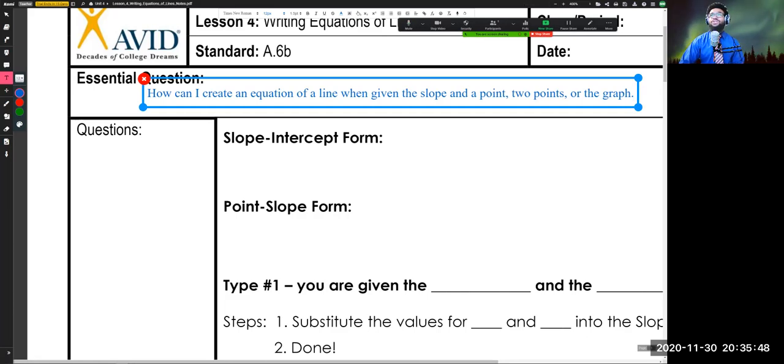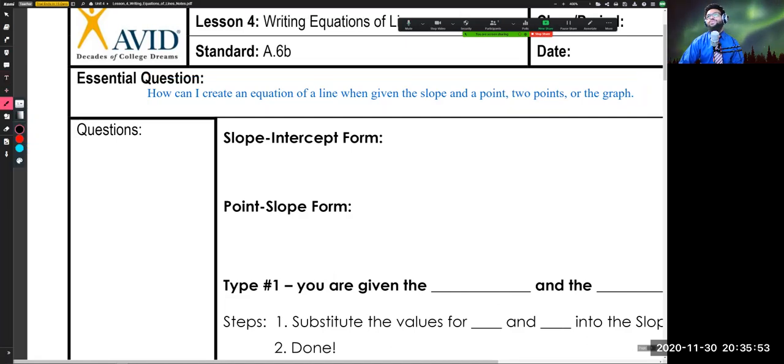First, let's recall slope-intercept form. By now, you all should know this. If you don't, you gotta come talk to me or something like that. Slope-intercept is the basis for all we're doing in this lesson today, and for the most part, this entire unit.